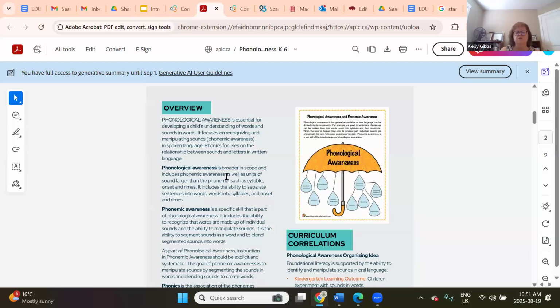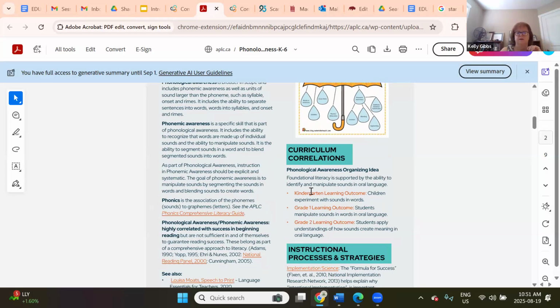But I want to just share here the overview, the difference between phonological awareness and phonemic awareness, and understanding the phonemic awareness is part of that umbrella, and it's a huge piece.